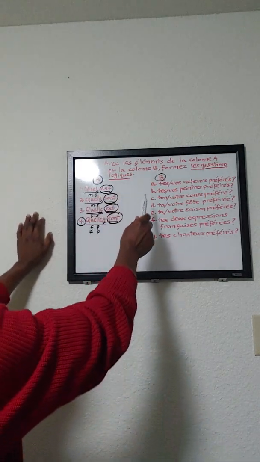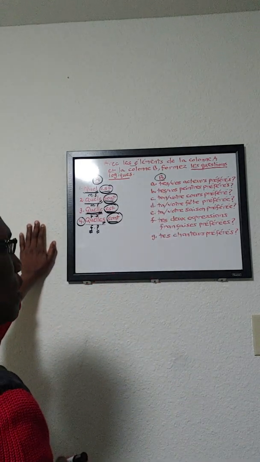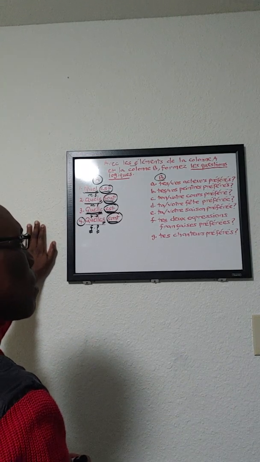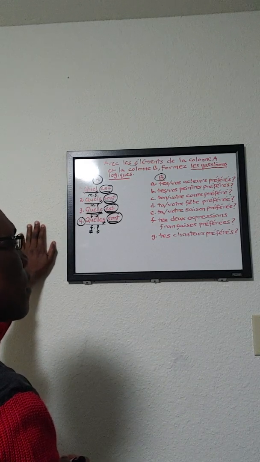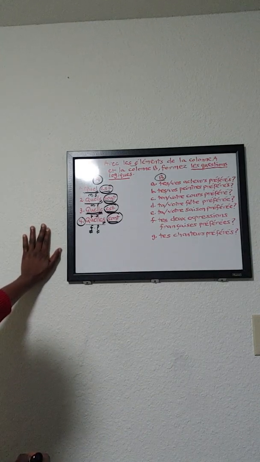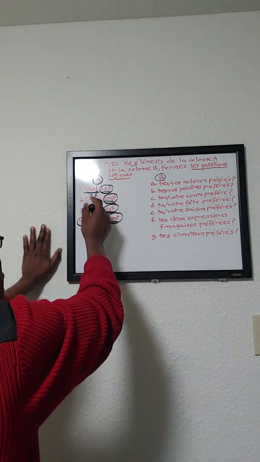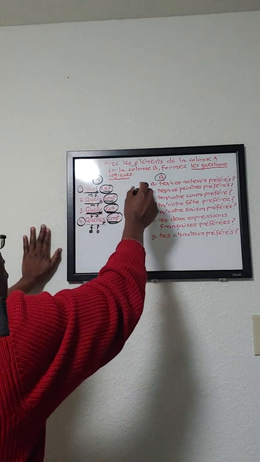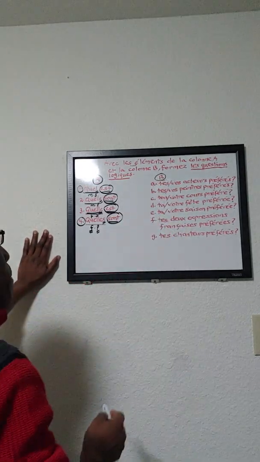Now, if you go to B, you look at the expressions. Are those nouns masculine, plural, or feminine, plural? Or are they masculine, singular, or feminine, singular? That will decide whether number 1 here will go with any of these expressions in B.